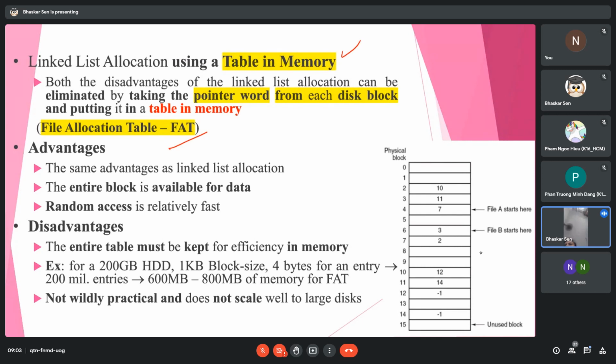By putting it on the memory, we could reduce the chance of things being very slow, because we are putting it on the RAM, and that is exactly how we are going to deal with it.